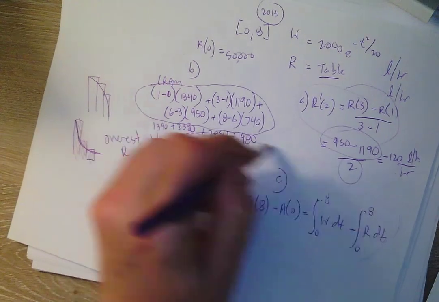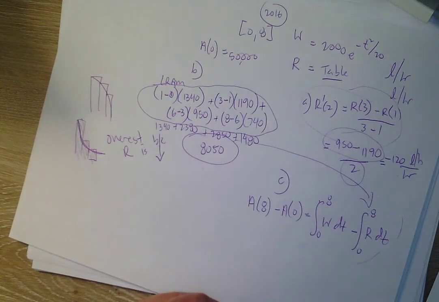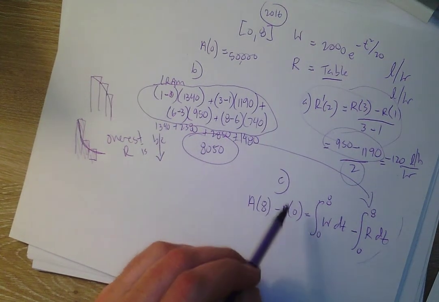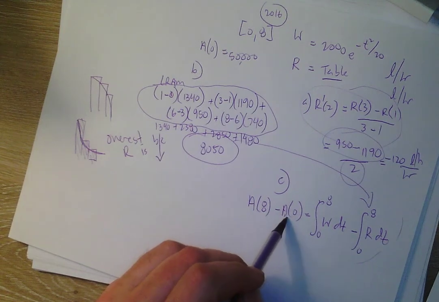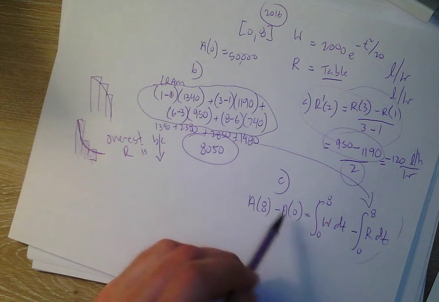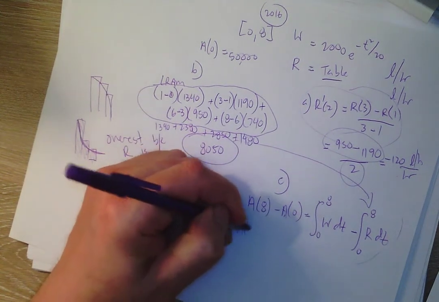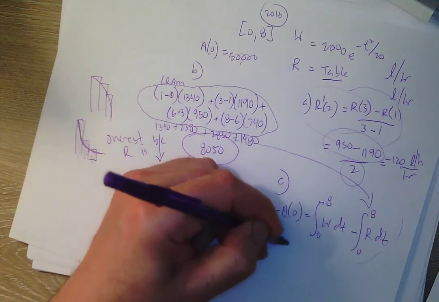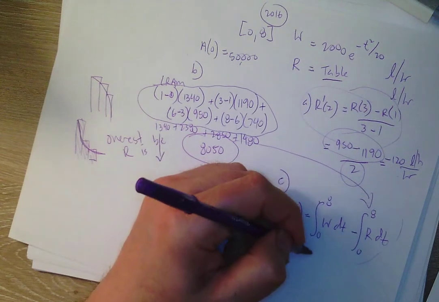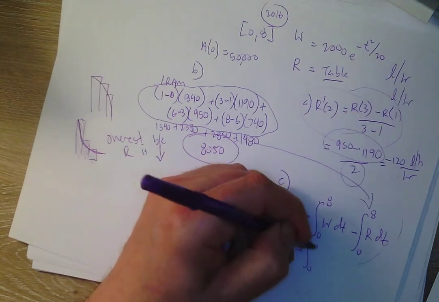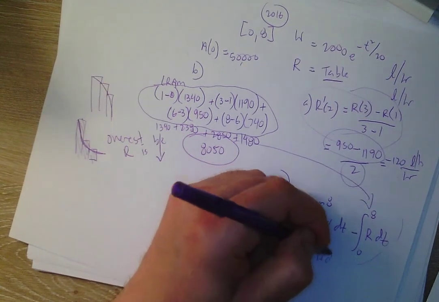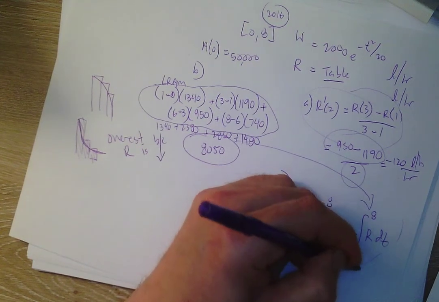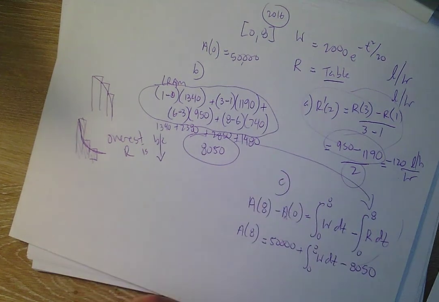And this 8050 is the amount that I'm approximating left. Remember, A sub 0, or A of 0, is 50,000. So then I get that A of 8 equals 50,000 plus the integral from 0 to 8 of W dt minus 8050.